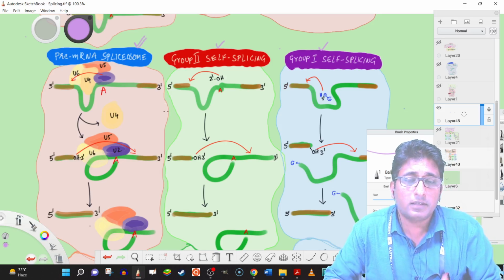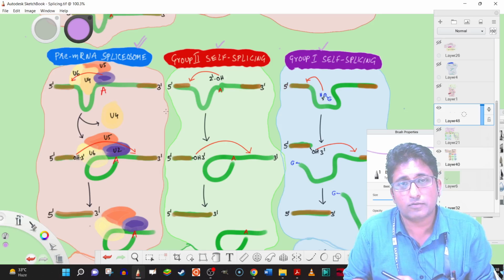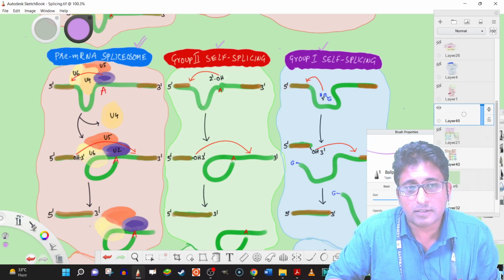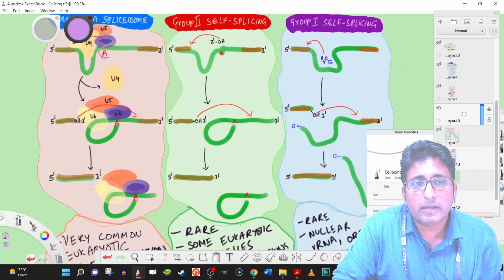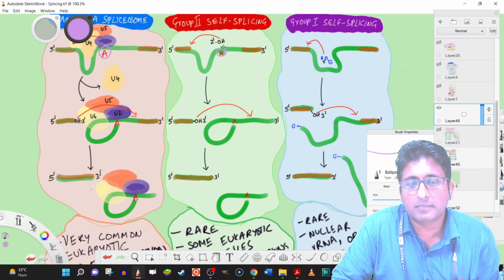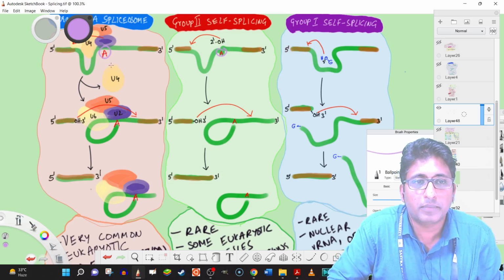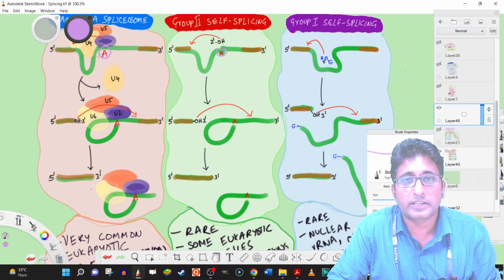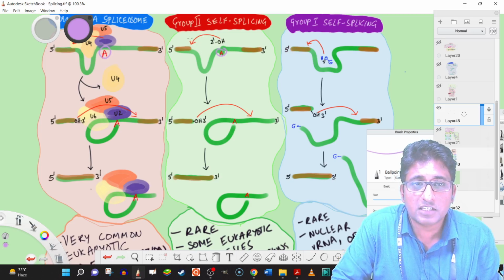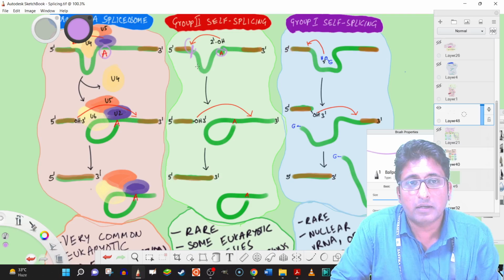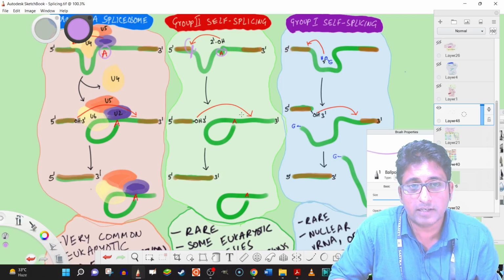And if we look at the similarities between the pre-mRNA spliceosome and group 2, we can notice that the branch site A is the same, and the mechanism of transesterification is similar, in the sense that the 2' OH of the branch site A would get activated and make a transesterification reaction, thereby the 5' splice site is bound to the 2' OH, forming a 3-way junction as depicted here.